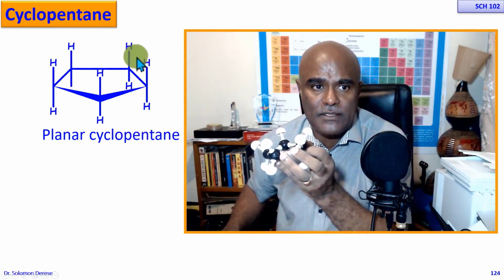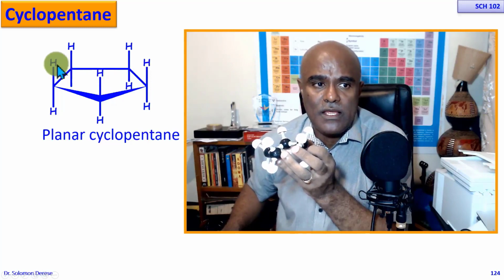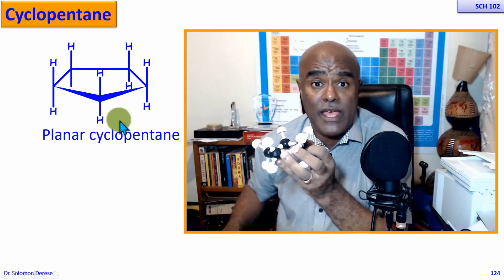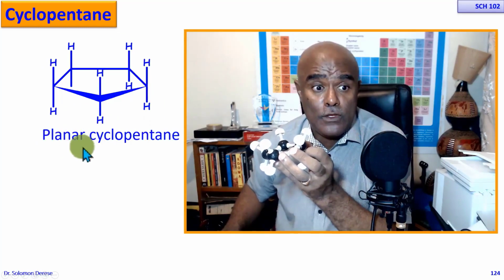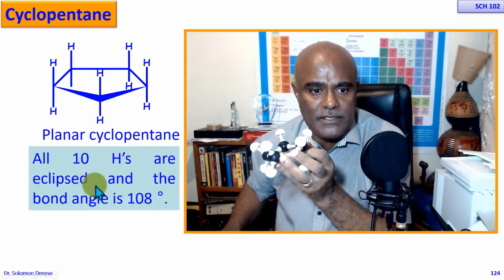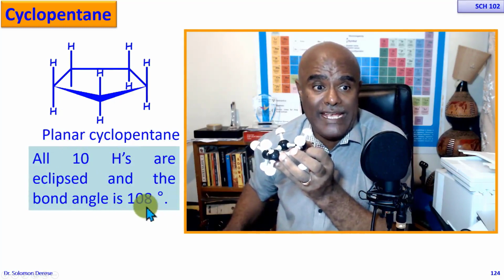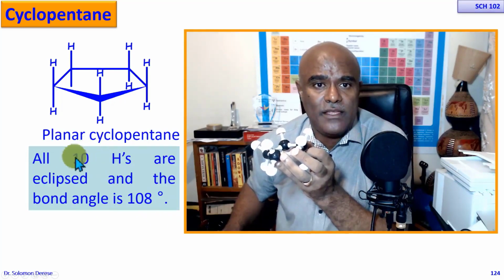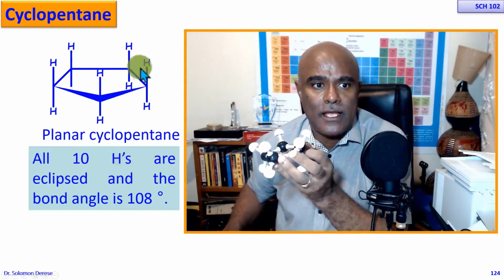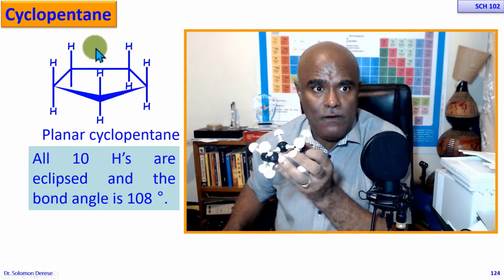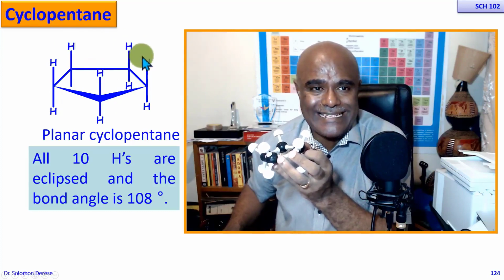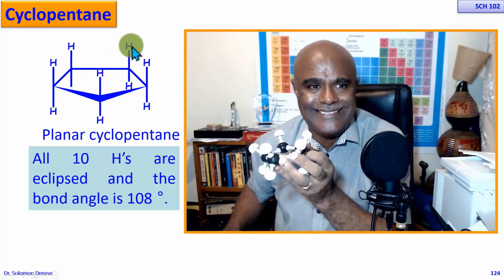Even the ones at the bottom all eclipse each other. So in planar cyclopentane, all the 10 hydrogens are eclipsed and the bond angle is 108 degrees. As a result of the eclipsing of all its 10 hydrogens, cyclopentane suffers from torsional strain. The ring is unstable. The ring is strained.